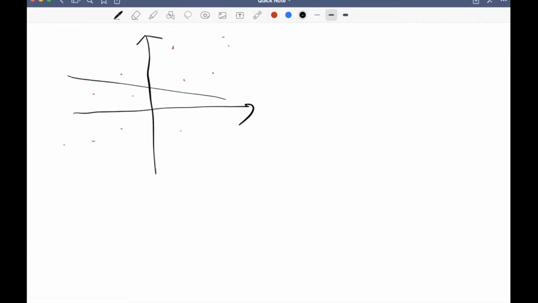Pretend that we have some data points, maybe somewhat linear. And maybe at the start of training, we have some model that looks like that.